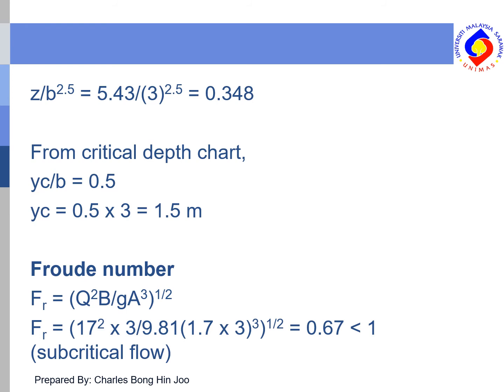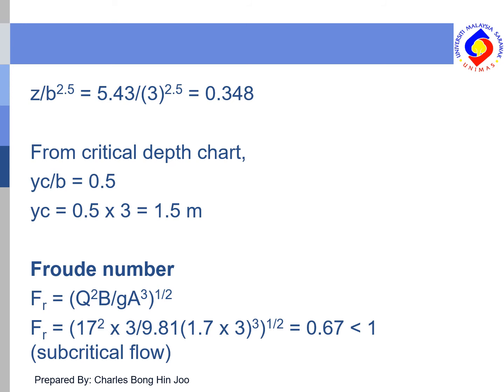Once you manage to find the Z, the next thing is we divide the Z by b, which is the width of the channel, to the power of 2.5. So from there, 5.43 divided by 3 to the power of 2.5 will be equal to 0.348. With this value, we go to the horizontal line of the critical depth chart.